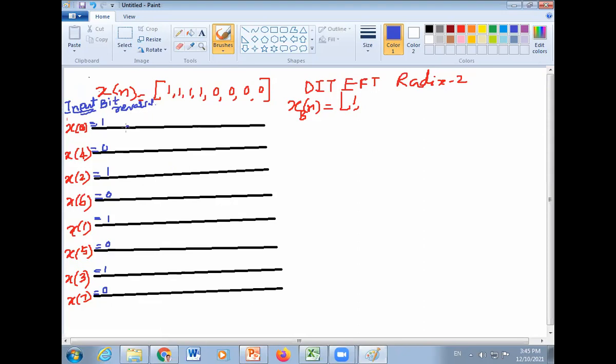Now let us draw the diagram here. First we will calculate the values of the 2 point stage. So this is just a 2 point butterfly we need to complete.